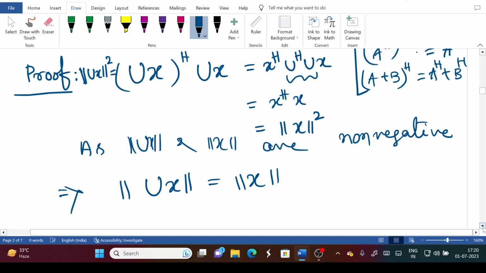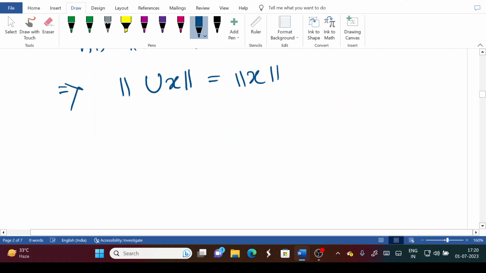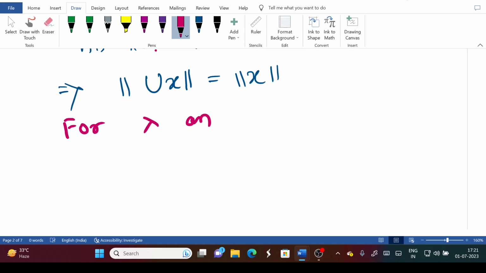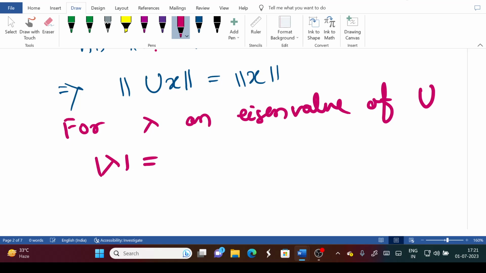This we got. Now we will prove another result: for lambda an eigenvalue of U, what will happen? Mod lambda is equal to 1.